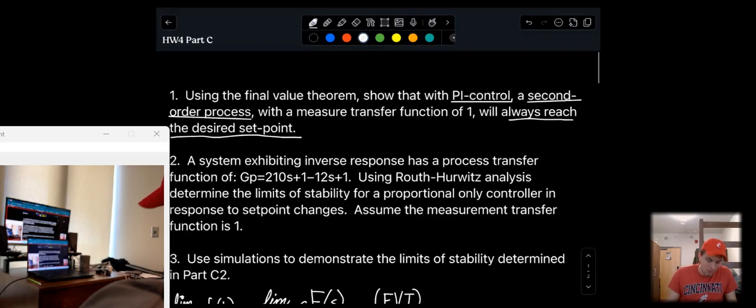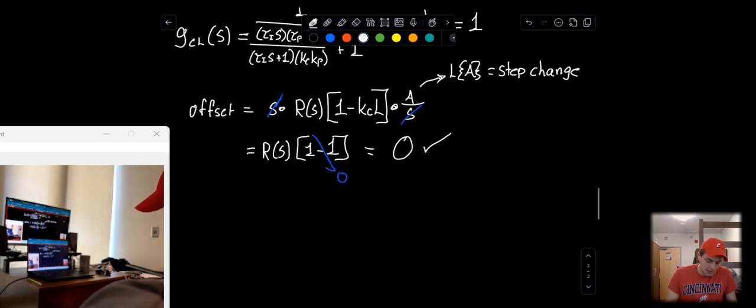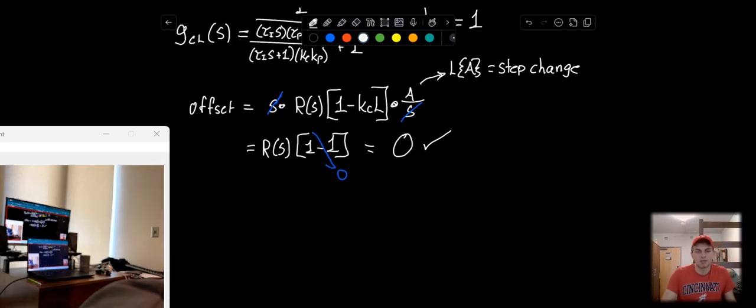We said always reach desired set point. Well, the set point minus the output is our error, aka our offset, and we just determined our long-term offset will be 0. Thus, with PI control, our second order process will always reach the desired transfer function.